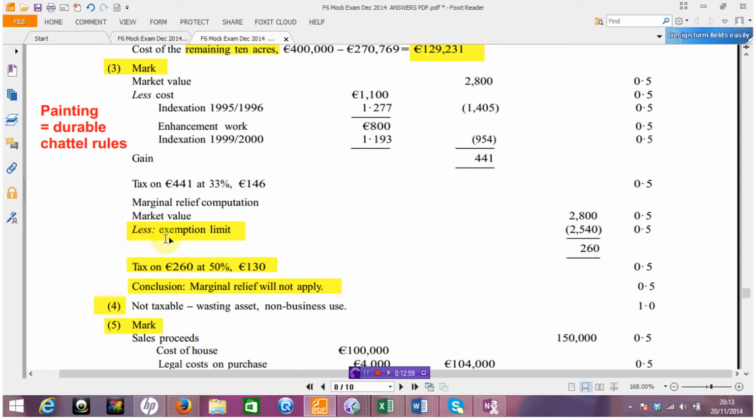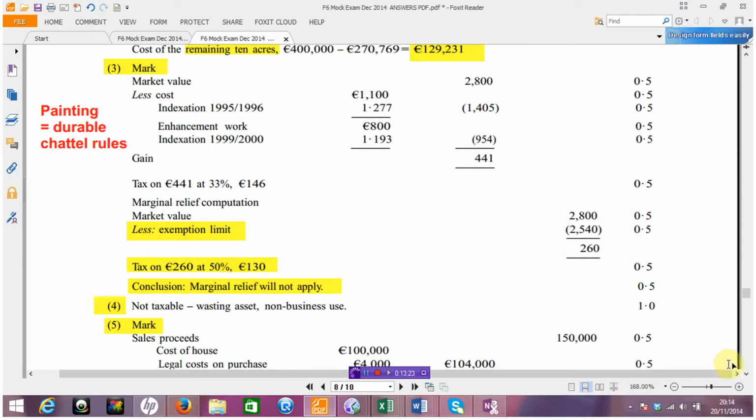And they do it here. We just apply this exemption limit of 2540. So we take the proceeds above, or in this case the market value, we find the difference, and we in effect apply the tax, okay, at 130. So in effect what we're saying is that there's an adjustment required because of a marginal relief element, and we need to allow for it.